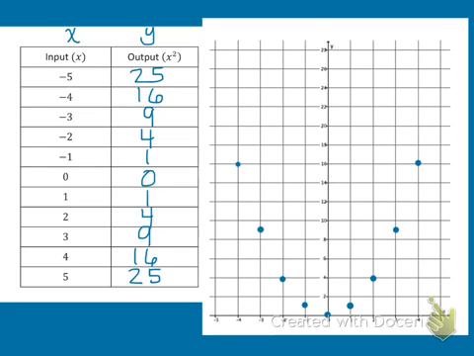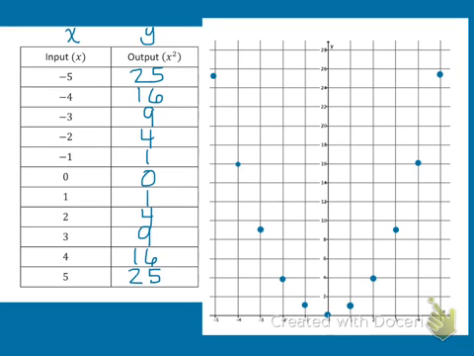So I've just made an input-output table, and now I'm graphing the points. So negative 5 is 25, and positive 5 is also 25. Okay, so that's our graph, and so we could ask ourselves, what shape does this graph appear to be taking?